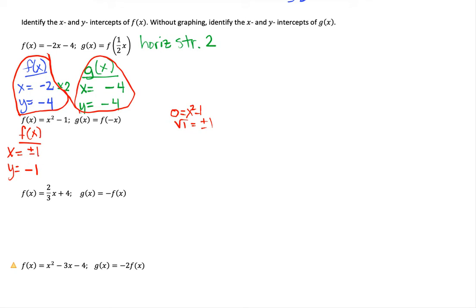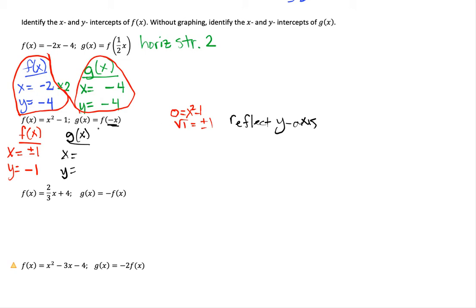Then we'll go ahead and look at the next function, g of x, and it's telling us that this negative x here, that's reflect across the y-axis. Okay.